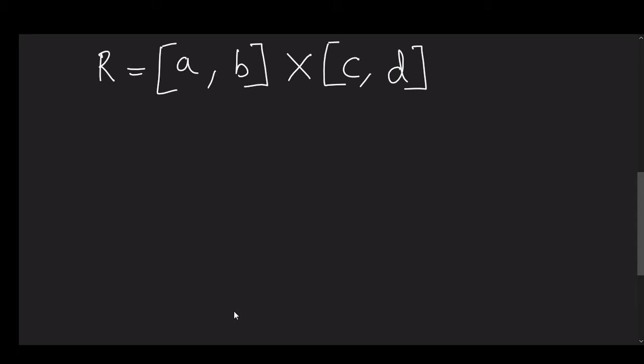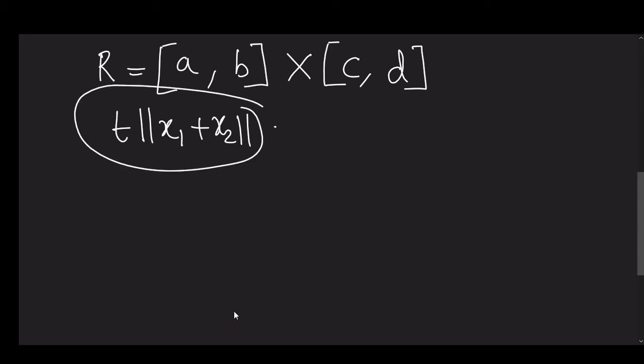Now you can see the same function which was not Lipschitz. Can we find it? If we take that same function here, what we will see is the norm x1 plus x2, that was the issue in the previous case.